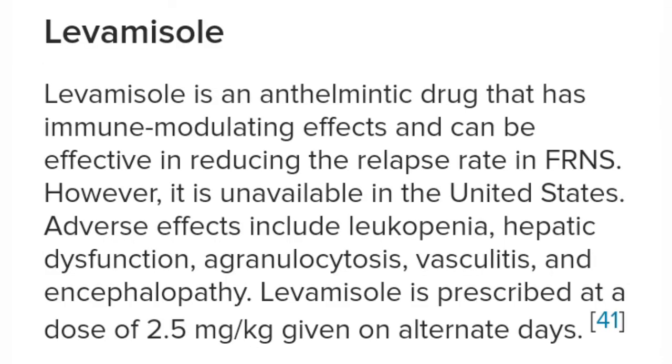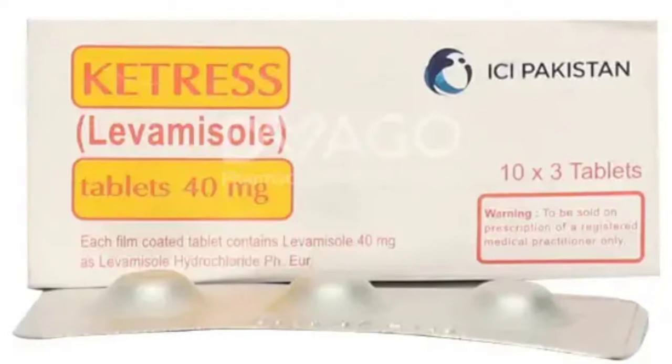Levamisole is cheaply and easily available, and has fewer side effects as compared to other alternate therapies. It is given in cases of frequent relapsing nephrotic syndrome. It was basically an anti-helminthic drug that has an immune modulating effect. Levamisole is given at a dose of 2.5 mg per kg on alternate days, and the minimum duration is 12 to 24 months, depending upon the nature of relapsing.